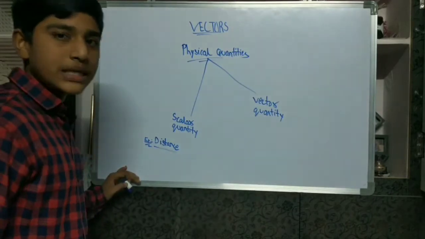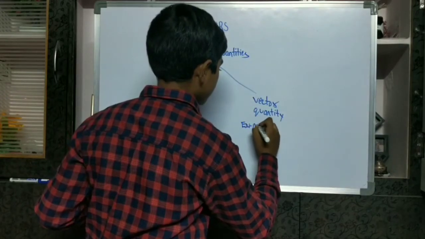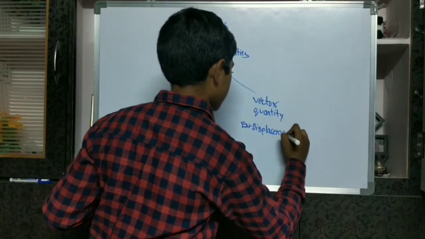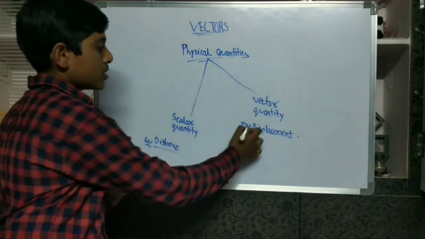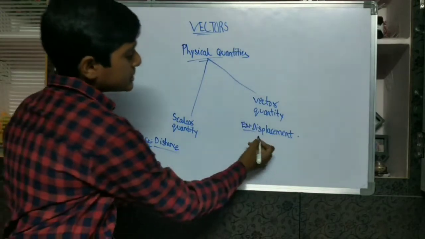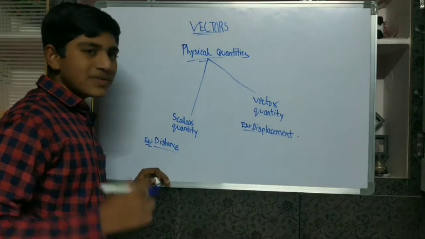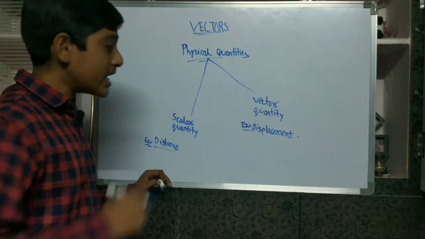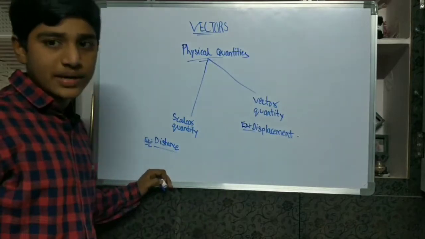And coming to vector quantity, the example is displacement. Displacement has both magnitude and direction. So we say that a body traveled 10 kilometers towards east. Here we are mentioning the direction, so we say it is a vector quantity.